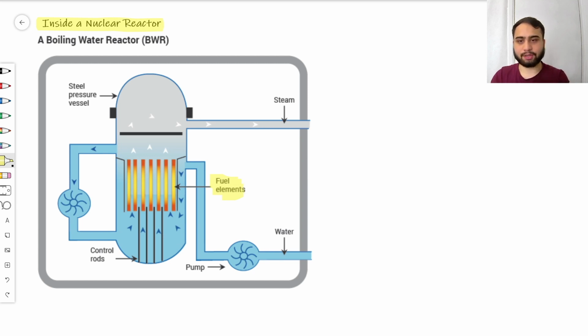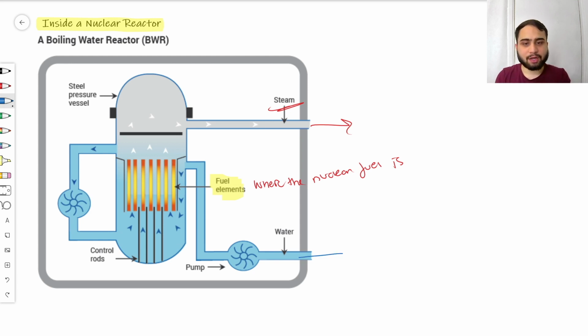So let's label that straight away: the nuclear fuel. It uses nuclear fuel and the power of fission, or rather the energy released when fission happens, to boil water and so it turns into steam, which then gets pumped to a turbine, and the turbine spins to generate electricity.